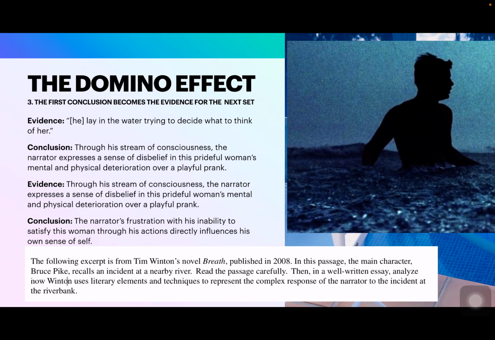Now, if you can see where it says evidence, I've taken that same conclusion and it now serves as my evidence so that I can form another conclusion from that. And this time, this piece of evidence leads me to believe that the narrator's frustration with his inability to satisfy this woman through his action directly influences his own sense of self.